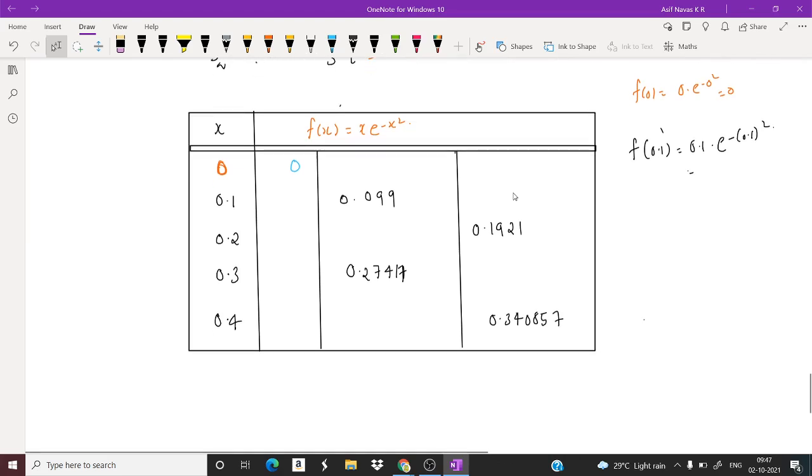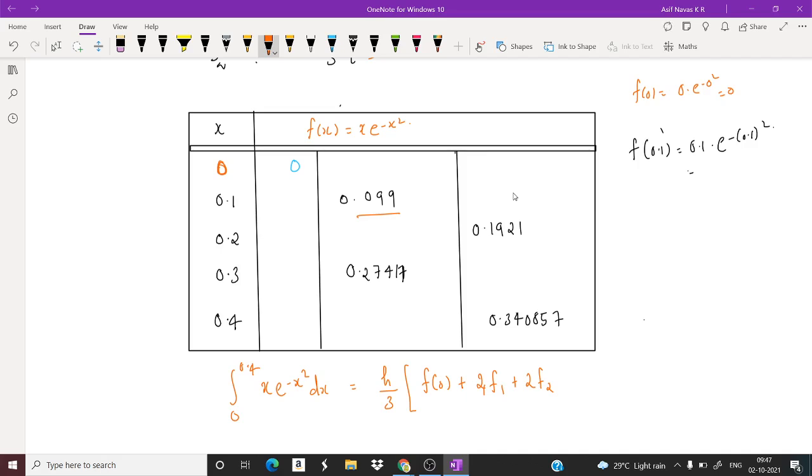Now you can easily integrate this function. So therefore, the integral from 0 to 0.4 of x e raised to minus x square dx is equal to h by 3 times f of 0 plus 4 into f1, that is this, plus 2 into f2, that is this, plus 4 into f3, that is this, and plus the last term.